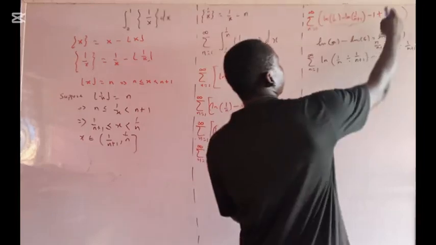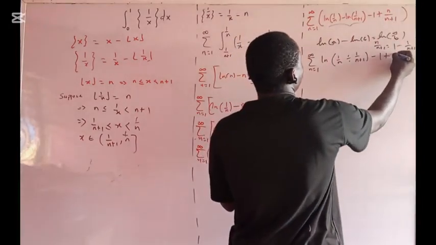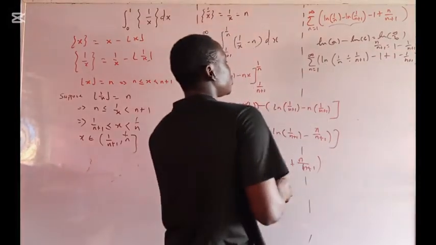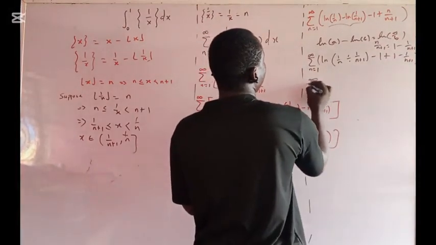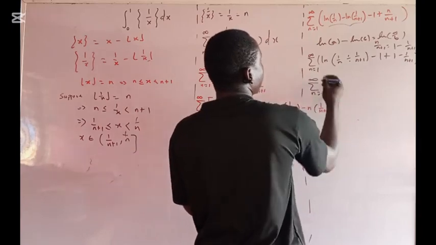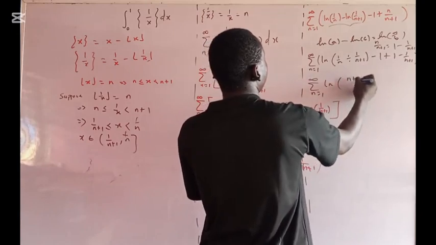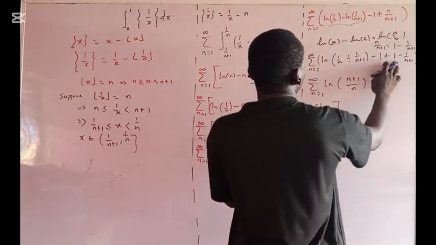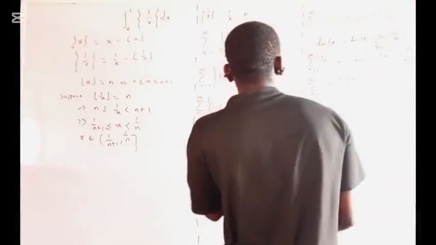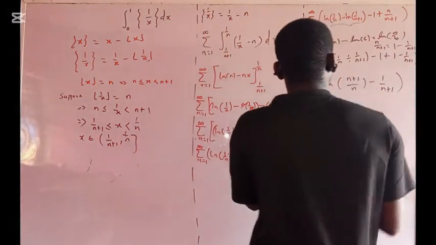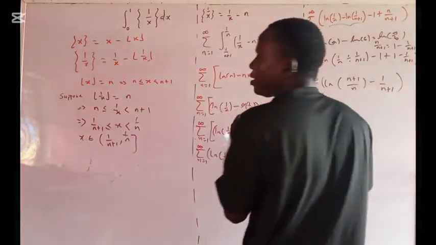So instead of rewriting n over n plus 1 here, we're going to write 1 minus 1 over n plus 1. So we have sum of n from 1 to infinity of natural log of 1 over n divided by 1 over n plus 1, that will give us n plus 1 over n, and minus 1 plus 1 will give us 0, then minus 1 over n plus 1. That's cool. Alright, so that is the sum we have.